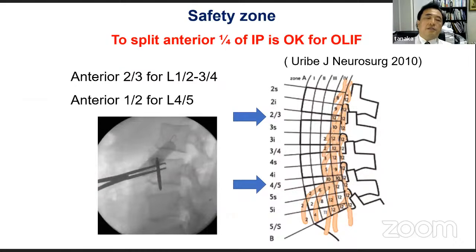As you know, there is a safety zone for lateral approach, especially for transpsoas approach. Especially L4-5, if you look at these figures, the nerve root plexus is almost the posterior one-third. So you shouldn't injure this nerve.